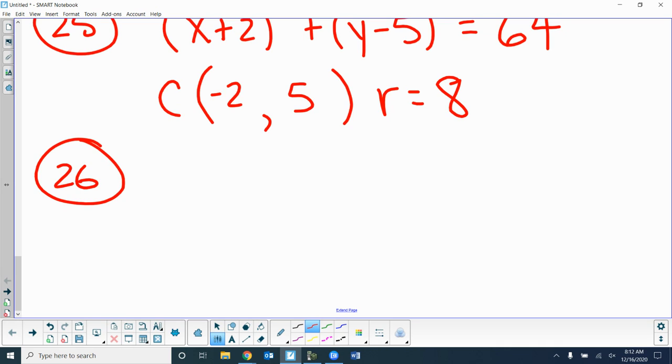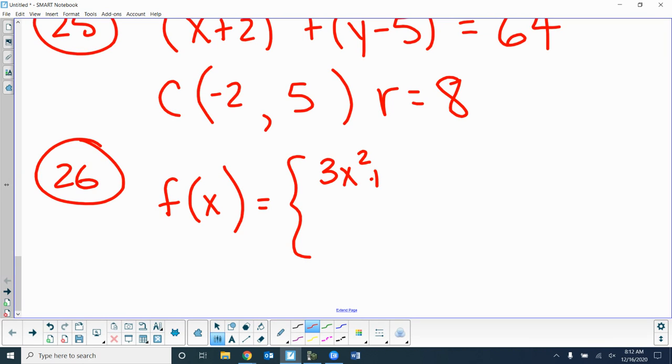26 is one of those piecewise functions. It's got a couple pieces, this one. All right, one piece is 3x squared plus 2x minus 4, and that's when x is less than or equal to 1.